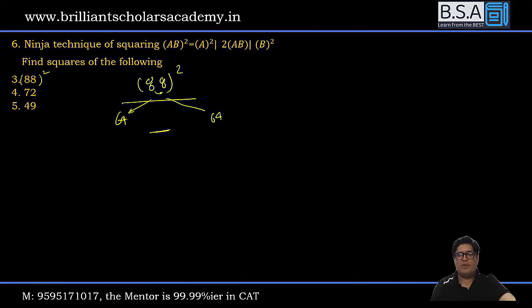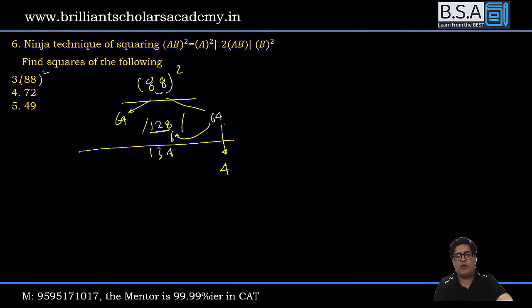Double of the multiplication. Multiplication is 64. Double is 128. So this 4 will remain here. This 4 will remain here. This 6 in the carryover becomes 134. This 4 will remain here. This 13 goes in the carryover. So that becomes 7744.